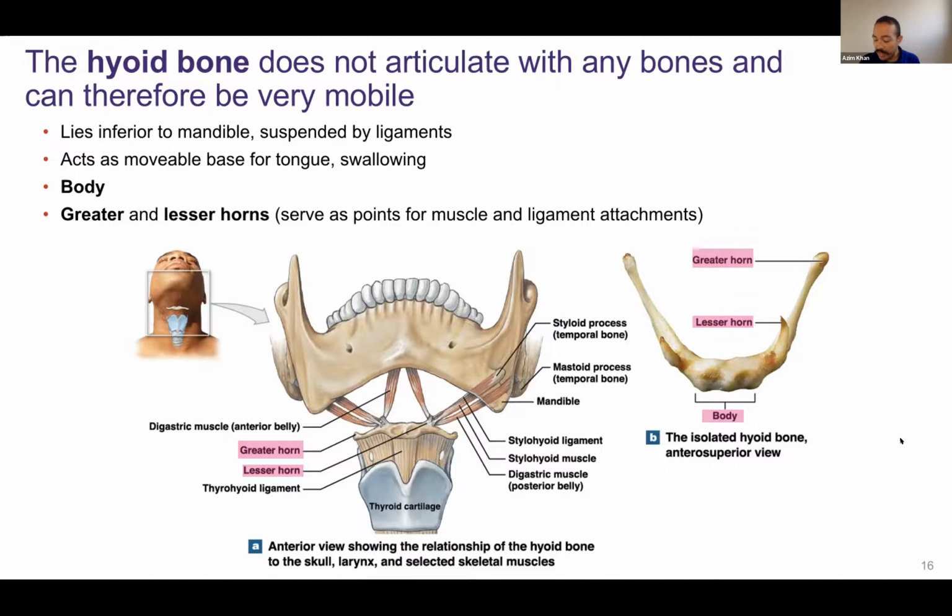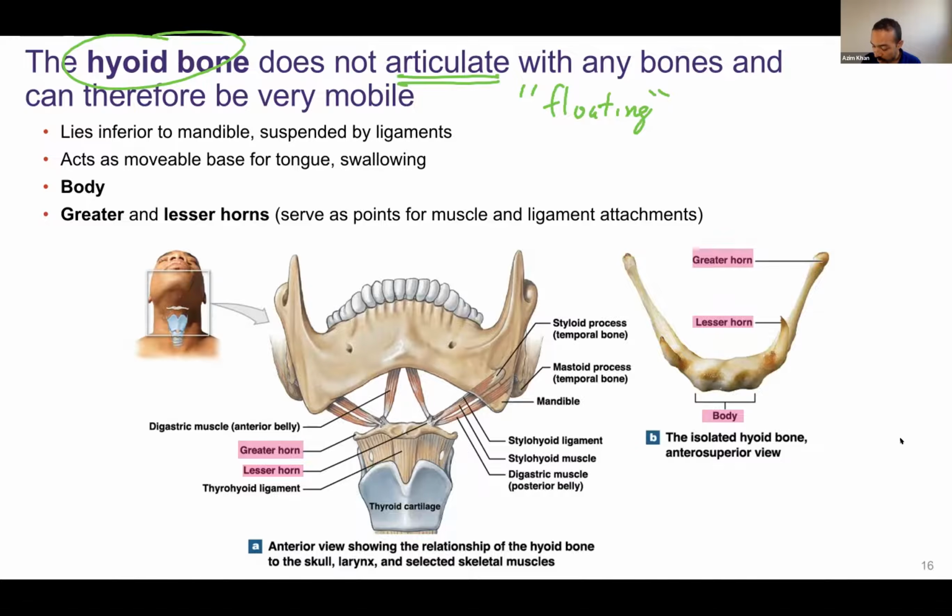The hyoid does not directly border any bones. The word for bordering a bone is articulate. It does not articulate with any other bone. So the term for this is that it's floating. This is your one truly floating bone. And I don't mean that it's floating like levitating. It's floating as in it's suspended away from other bones.